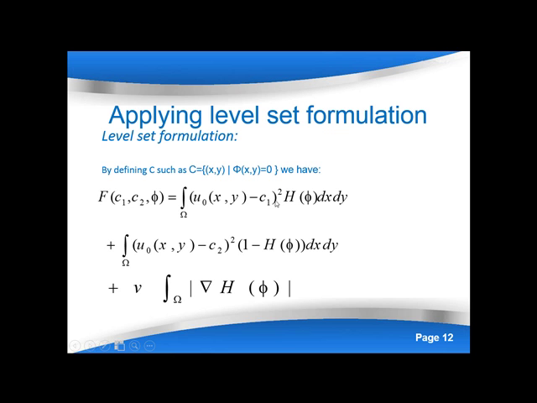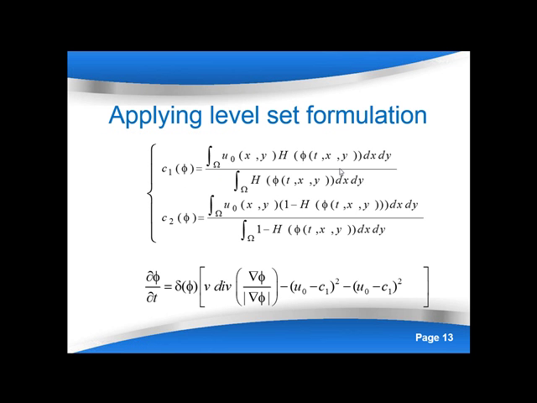In this formulation, H is the Heaviside function and u naught is our given image. To minimize F, we set the derivative of F to zero and use the Euler-Lagrange equation to update c1 and c2 repetitively.